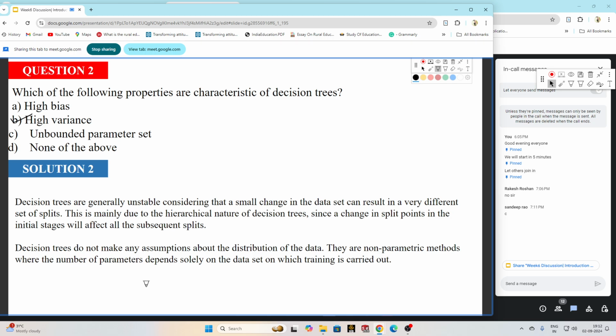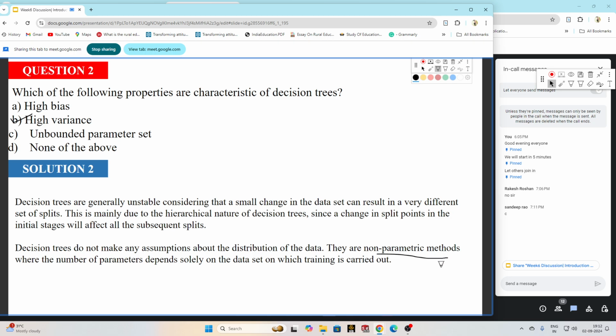Second thing is, decision trees do not make any assumption about the distribution of the data. They are non-parametric methods where the number of parameters depends solely on data. Whatever data is there, how many classes are there and how we can split, according to that your decision tree will be created. That is why the decision tree is also known as a non-parametric method.